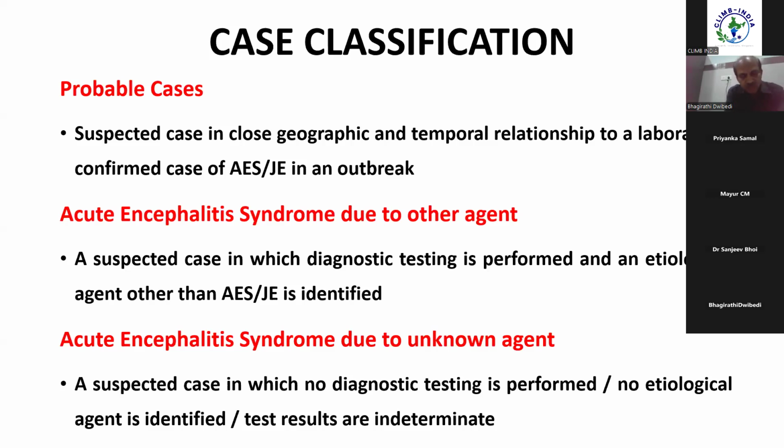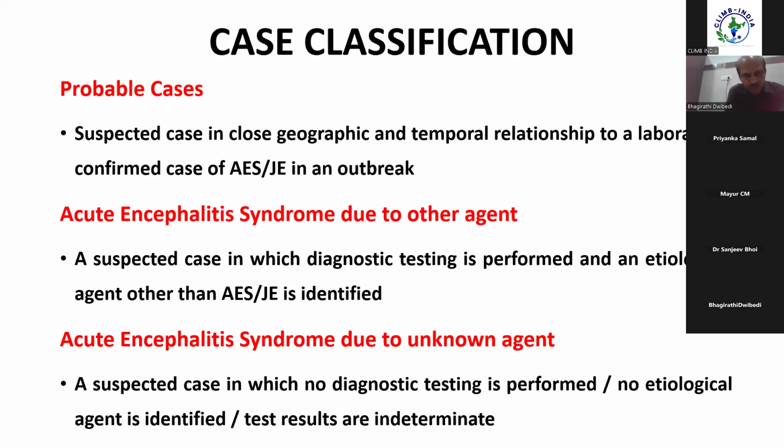But sometimes in an outbreak setting, or a setting where all these investigations are not possible, then we have to depend upon some definitions like probable case. A probable case we say if, in an outbreak or epidemic setting, there is a temporal relationship to a confirmed case, and in the nearby zone there are other cases, and it is fitting into a case of AES clinically, then we say this is a probable case if not able to be diagnosed.